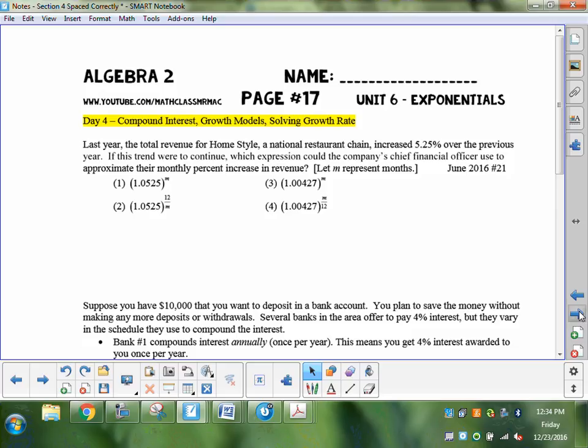Take a look at the first one. This question here is an actual READ question from the last Common Core READ. It's the same one that's on your paper, top of page 17.